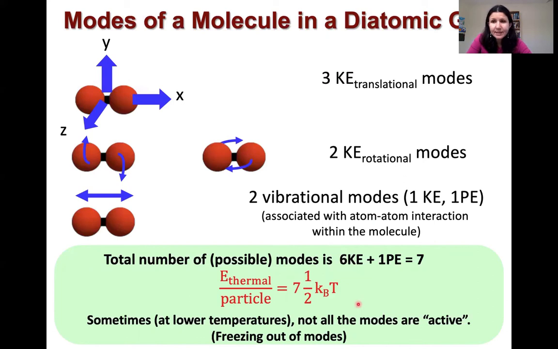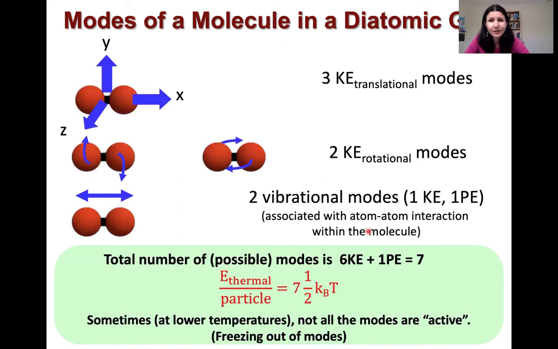Now there's one subtlety that will come up quite a bit that you need to know about: at some lower temperatures, and lower temperatures are even typically room temperature, the vibrational modes are not active. What does that mean? It's a quantum mechanical phenomenon that you don't really need to worry about the details of. All you have to know is that at those temperatures, those modes are not active.